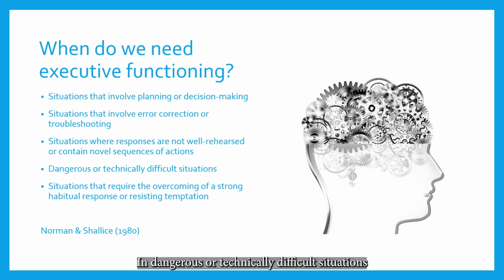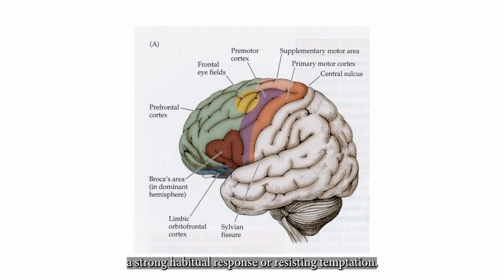In dangerous or technically difficult situations, where you may need to focus on specific pieces of information, ignore others, and quickly problem solve. And then situations that require overcoming a strong habitual response or resisting temptation.